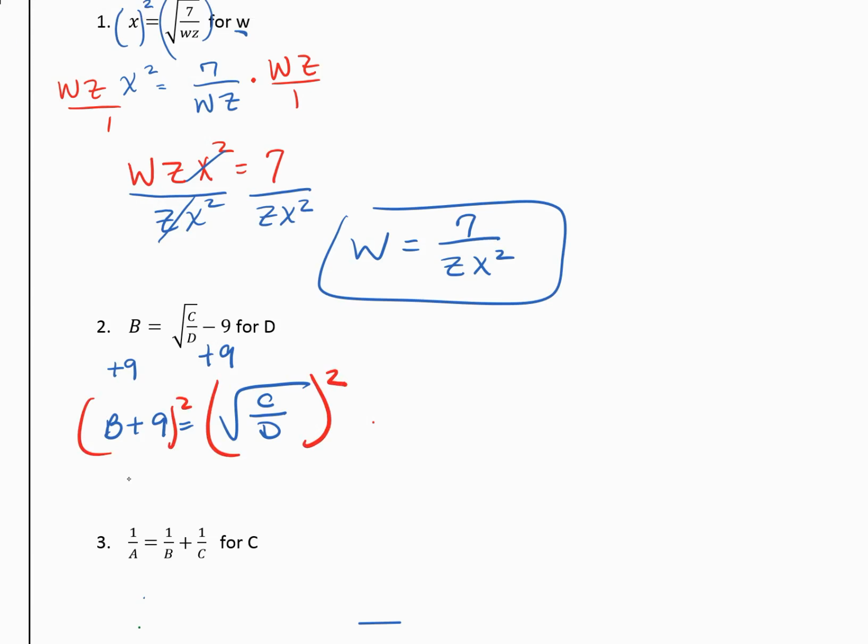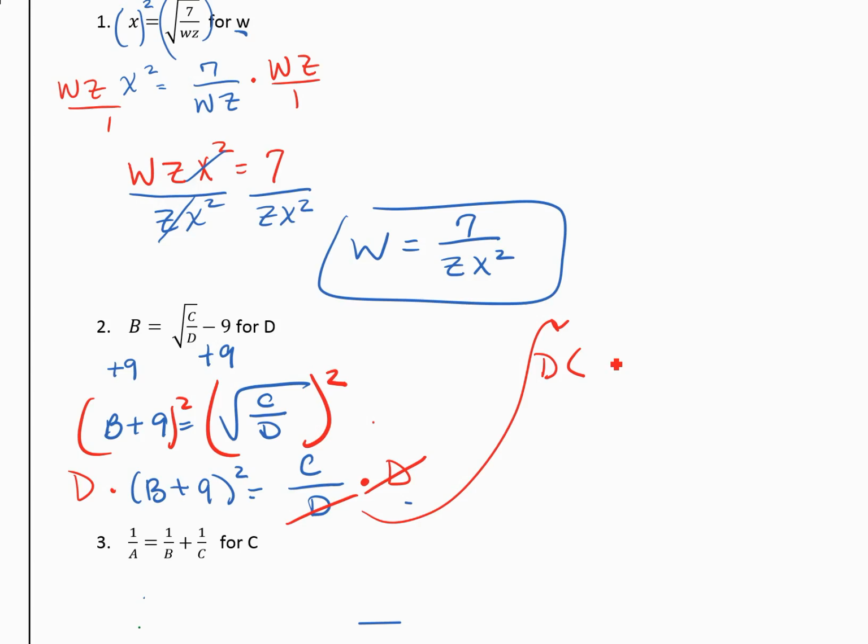So that's going to give us b plus 9 squared equals, now squaring gets rid of the square root, c over d. Now, d is in the denominator again, so we're going to have to multiply both sides by d. So on the right-hand side, it cancels out, and what we're left with is d times b plus 9 squared equals c.